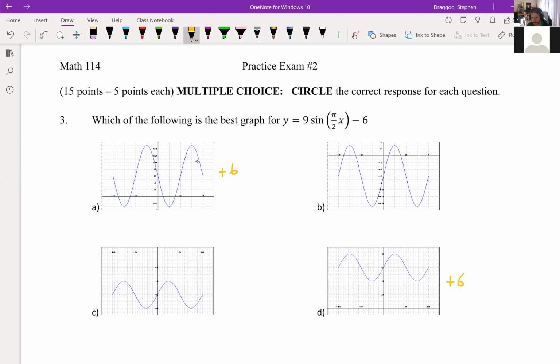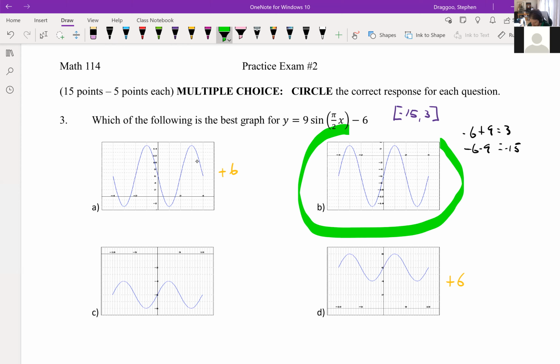Because just looking at the vertical shift and the amplitude, this thing should come back up above the x-axis. So for example, I should know that my range over here is negative 15 to 3. The way I'm getting that, I've got negative 6 plus 9 and negative 6 minus 9. Gets me to 3 and negative 15. So C is out because the range doesn't fit, which means B is the only good choice left.